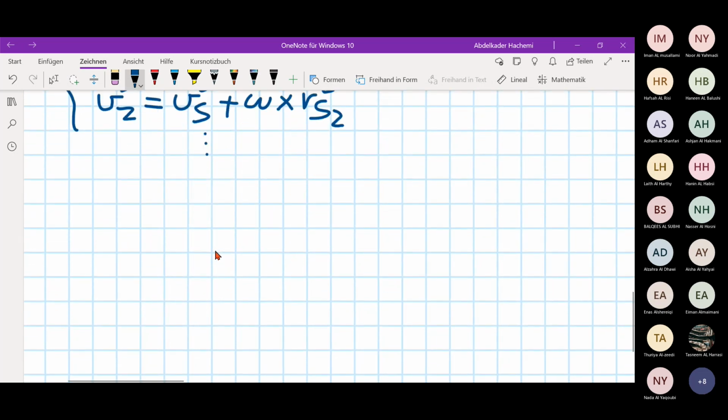Now, if we look at the positions, we have RS1 will be the position here, 0 minus ys, and in z direction it's 0.